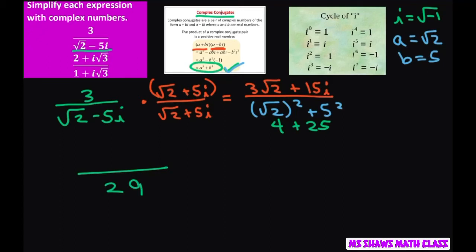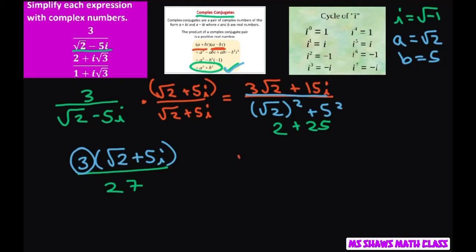And for the numerator, you can factor out a 3. You don't have to. That'd be 3 times square root of 2 plus 5i. The reason you want to factor out the 3 here is so you can simplify this 3 over 27 to 1/9.